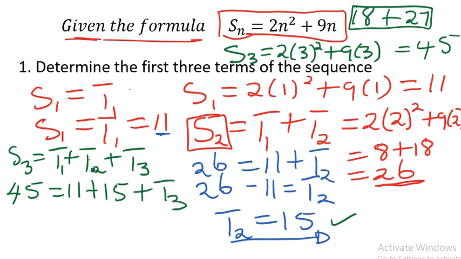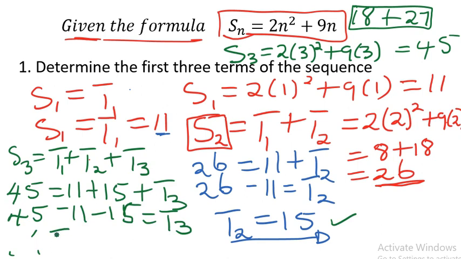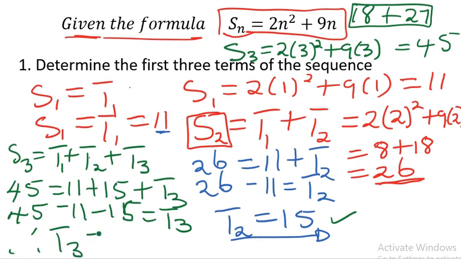So 45 minus 11 minus 15 is equal to T3. Therefore, T3 is equal to 19.